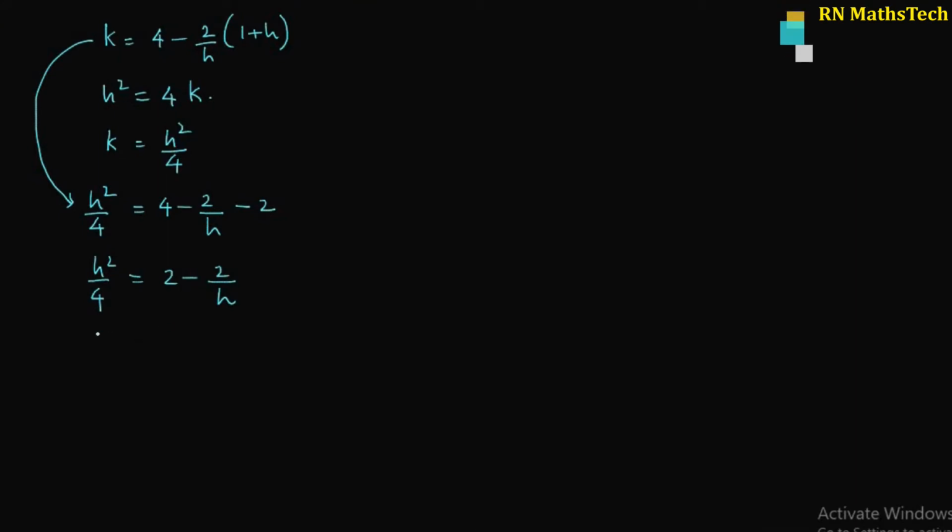Okay, that is h²/4 = (2h − 2)/h. Cross multiplying, h³ = 8h − 8, or h³ − 8h + 8 = 0.